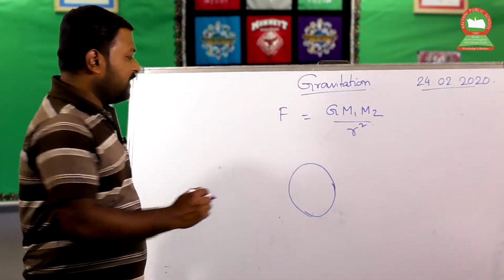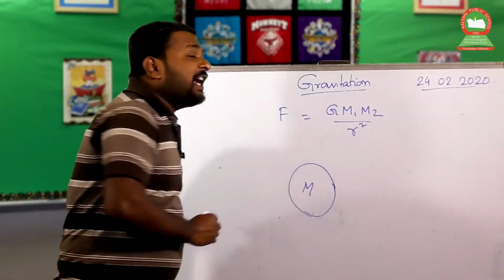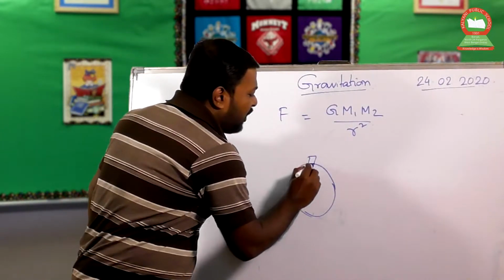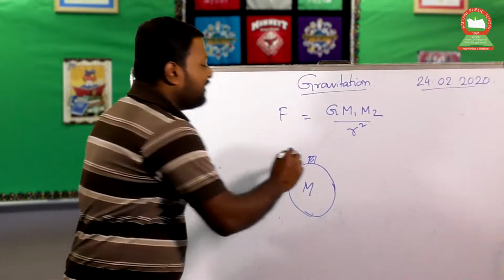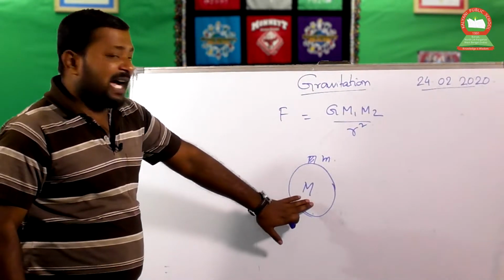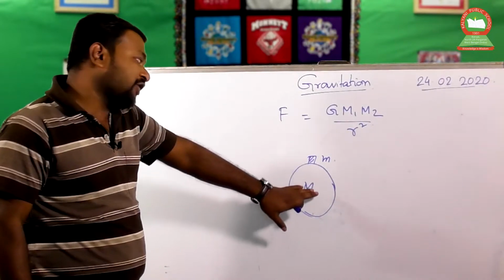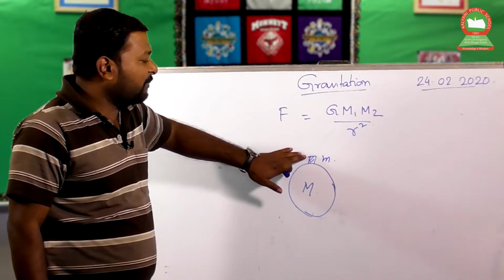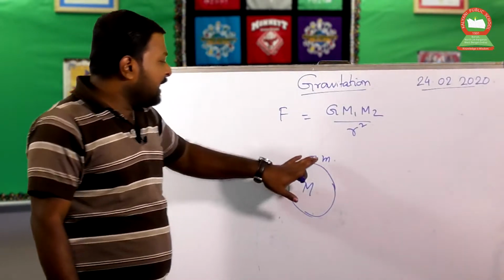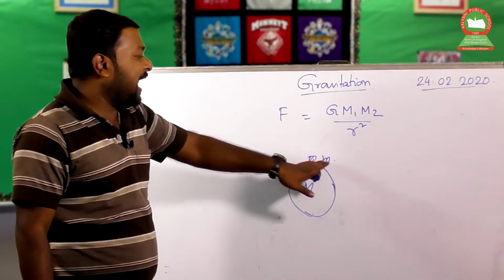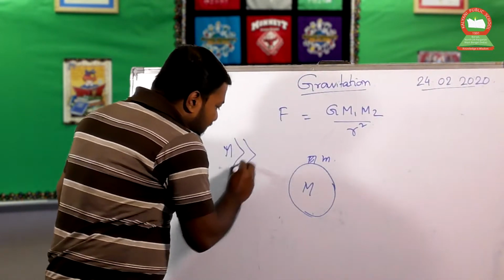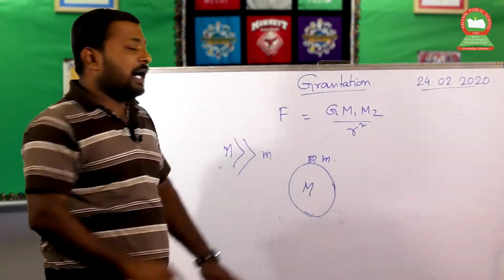So Earth has a mass which is very high compared to a small mass situated on the surface of the Earth, having mass small m. This capital M is the mass of the Earth, and this is the mass of the small ball, like your football or cricket ball, situated on the surface of the Earth, having mass small m, which is very small compared to the Earth's mass.